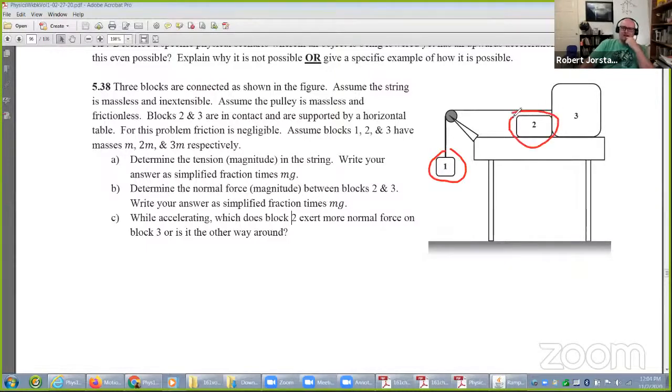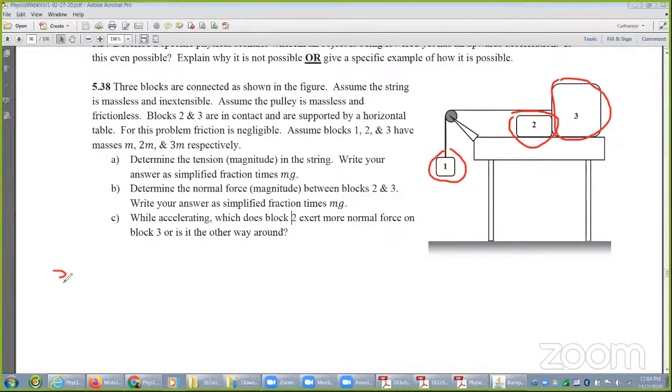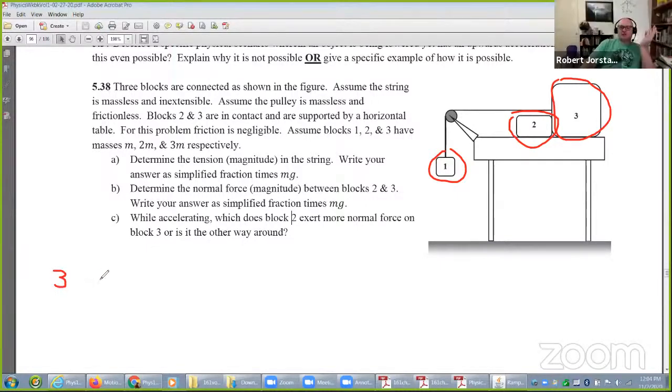We got 3 blocks. How many FBDs do you think we might need? Three. So usually you need 1 FBD per block.